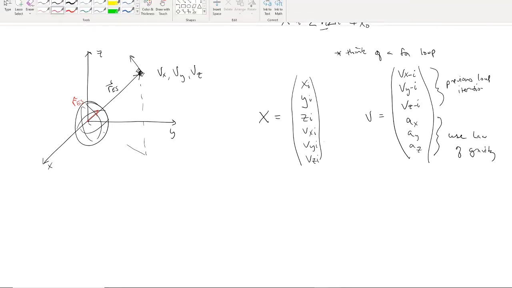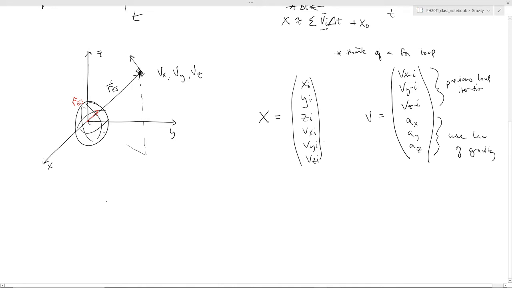And the law of gravity says that the force of gravity on the satellite is going to equal big G times the product of the masses, so the mass of the Earth, the mass of the satellite, divided by the square of the distance between them, times the direction, so RES hat, and then remember there's a negative sign because it's attractive.